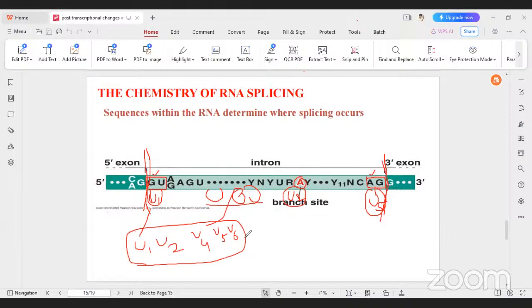That is the function of the spliceosome. Later, this entire portion is separated. Now only the blue and green colors are attached, and this light color intron region is removed. So this is done by the spliceosome.